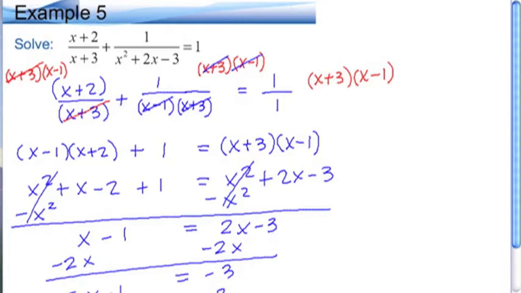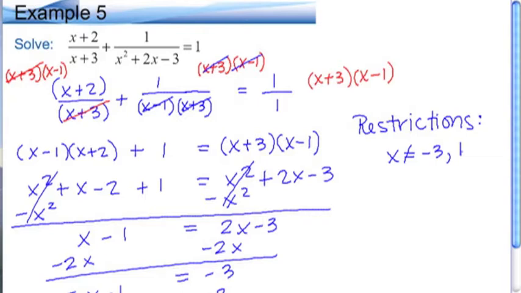If we look right up here, we can see that one of the restrictions is negative 3, because this term right here would be 0 if x were negative 3, and the other restriction is positive 1. Notice that you couldn't tell the positive 1 was a restriction until after we had factored it. So we know that we can't allow x to be negative 3 or positive 1.